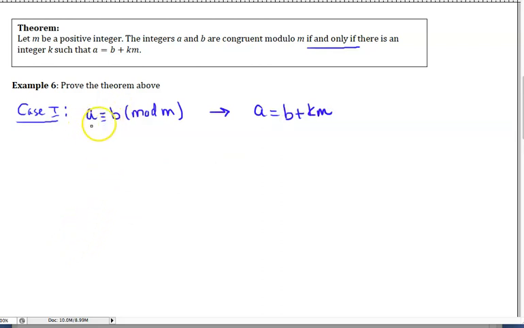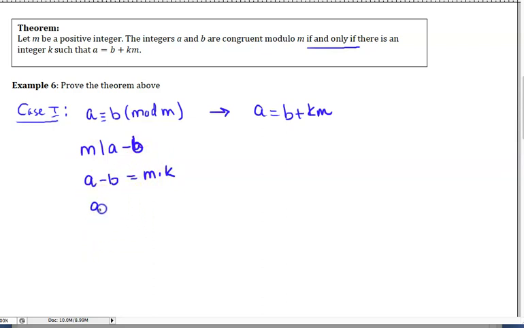All right, so let's look at this. If a is congruent to b mod m, then m is going to divide a minus b. We know that from the definition of what a congruency is. Now if m divides a minus b, then a minus b can be written as m times an integer k. That's by the definition of division.